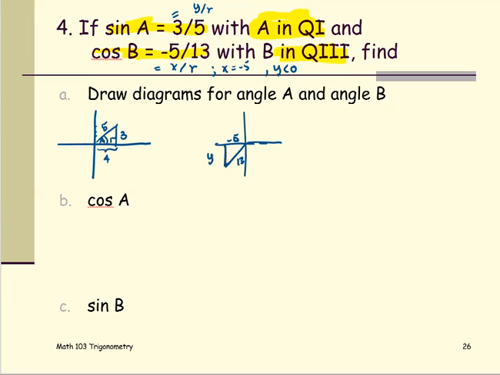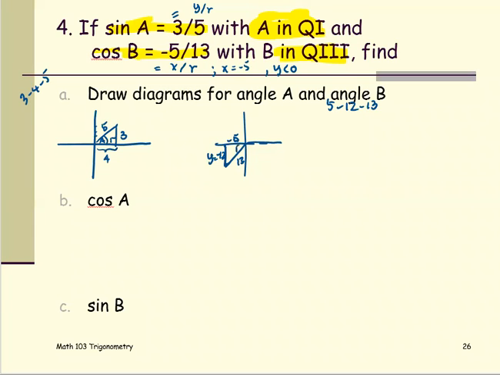The y will be negative 12 using the Pythagorean theorem. Or if you recall the sets of three numbers that form right triangles, 3, 4, 5, and the other one is 5, 12, 13.